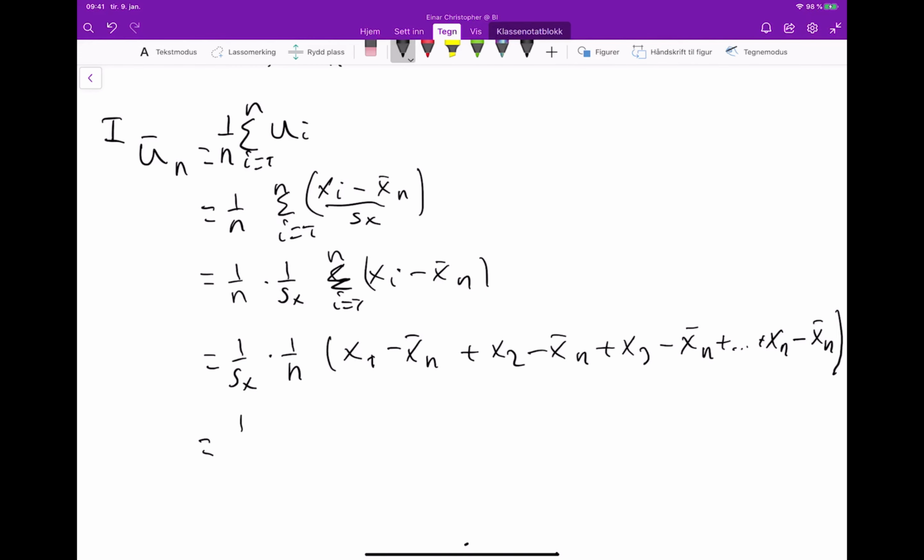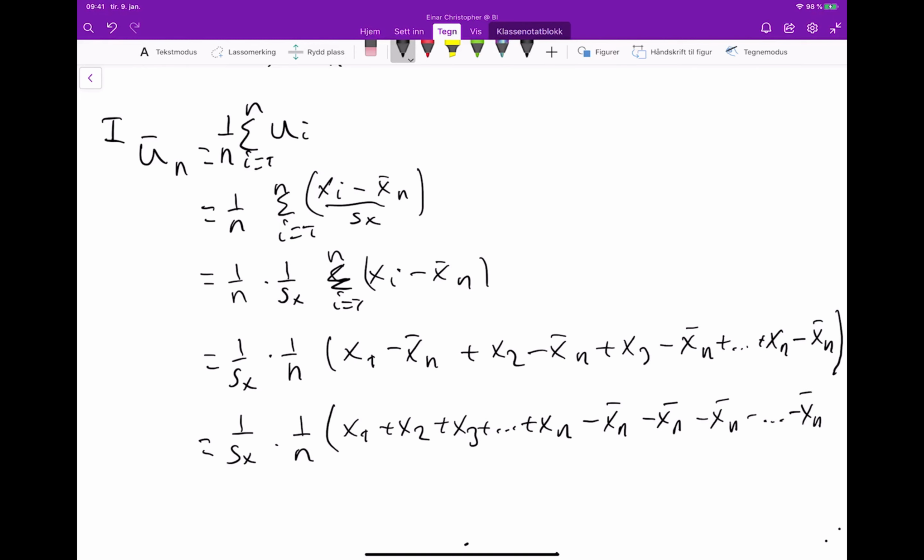And rearranging here, we get 1 divided on sx times 1 divided on n, parenthesis, x1 plus x2 plus x3 plus dot dot dot plus xn. Here I have collected the x's, and then I write up all the x bar n's, which is 1 for each term. So we get minus x bar n, minus x bar n, minus x bar n, minus dot dot dot, minus x bar n. And now we are going to study this a little closer.